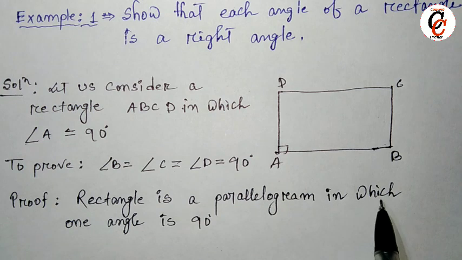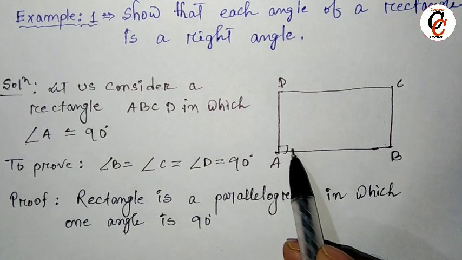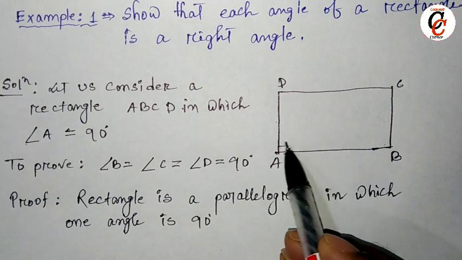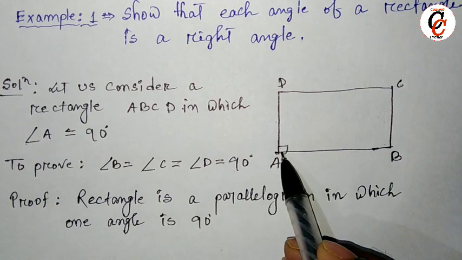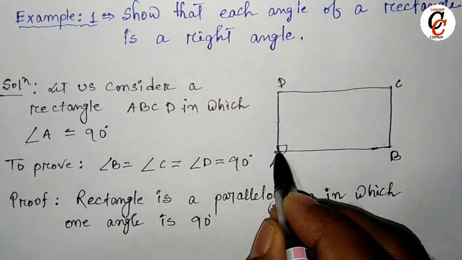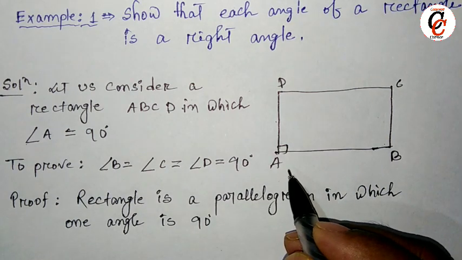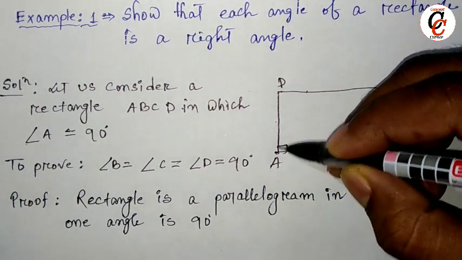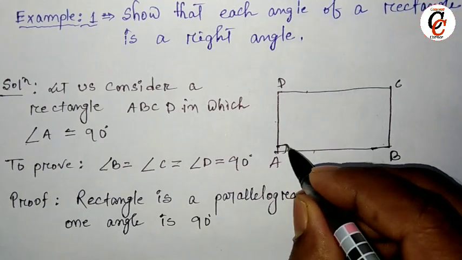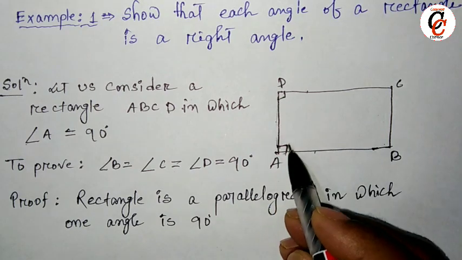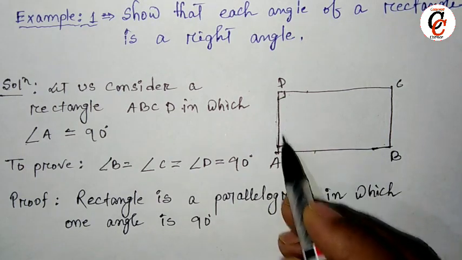A rectangle is a parallelogram in which one angle is 90 degrees. That means opposite sides are parallel and one of the angles is 90 degrees. We have already taken angle A as 90 degrees. Now these two sides are parallel. If we consider AD as transversal, then angle A and angle B are on the same side of the transversal, or consecutive interior angles.